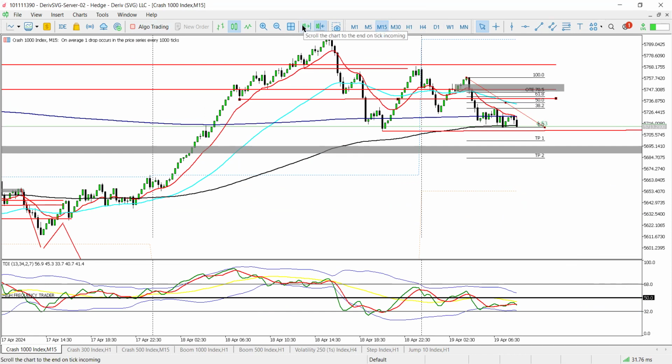So I'm going to have one sell position on C1000 as well. Just one position. This is unconfirmed because this price might still push up.